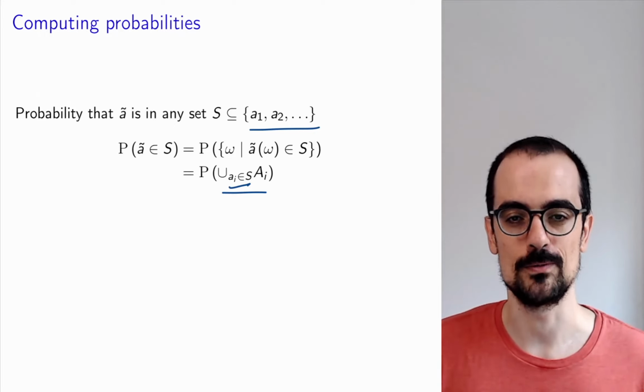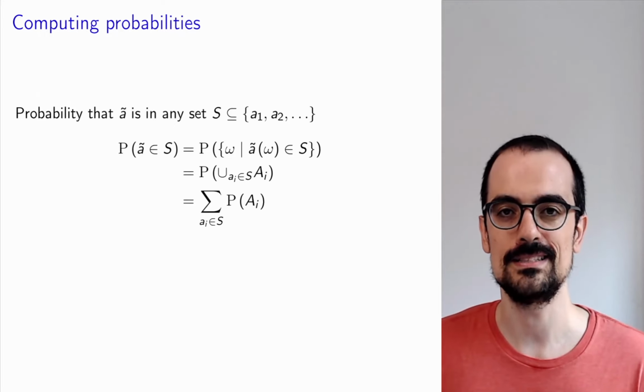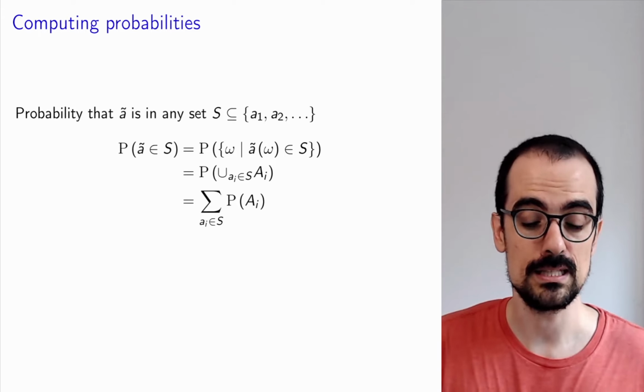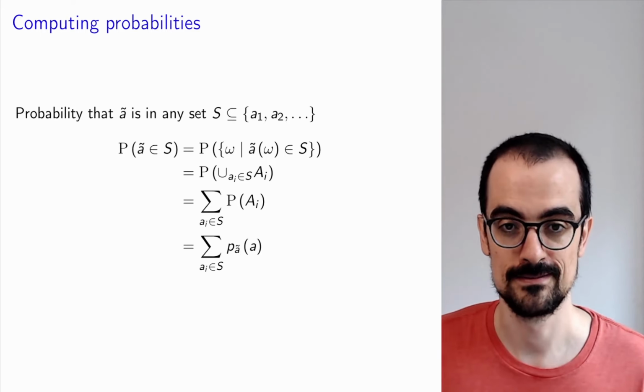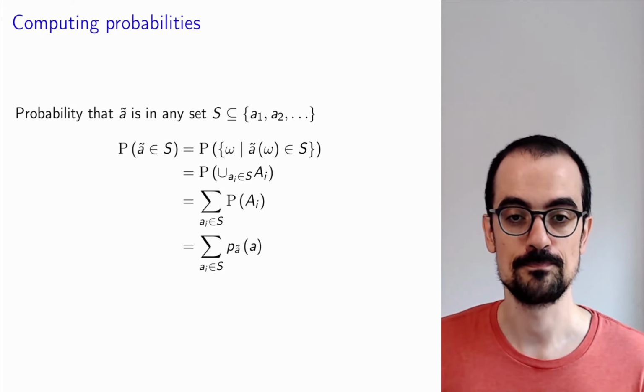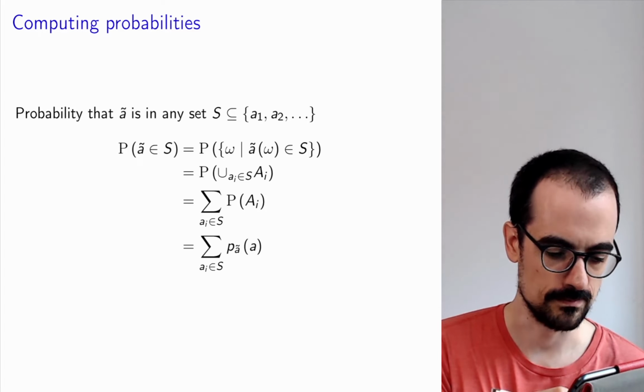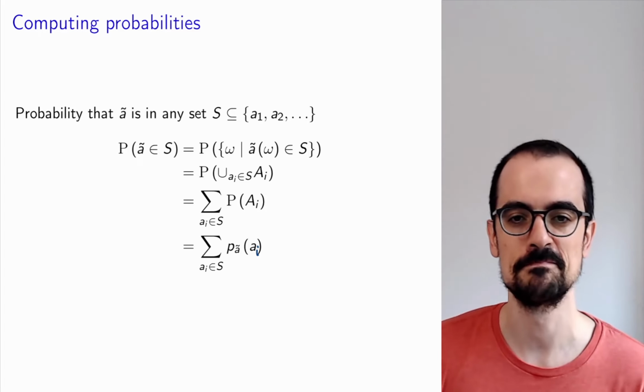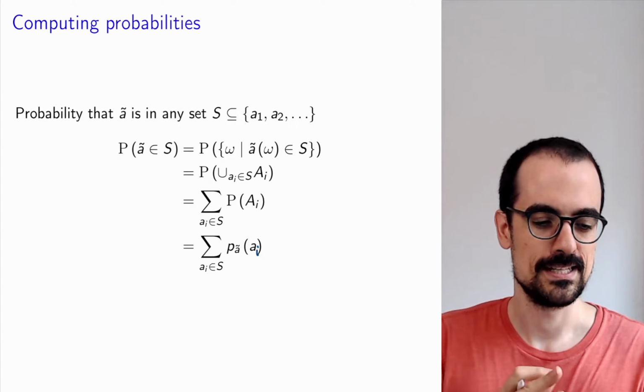These events happen to be disjoint. We can add their probabilities. And in fact, each individual probability is just the value of the PMF at that value. For some reason, I decided not to put a small i here. Sorry about that.